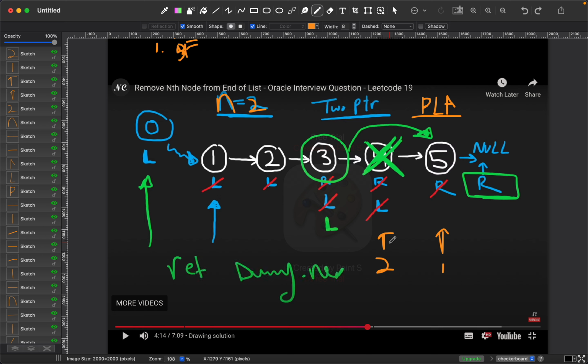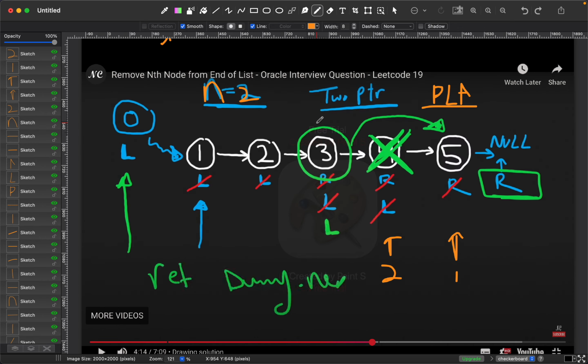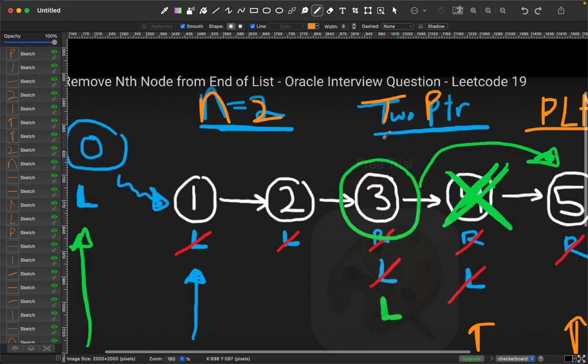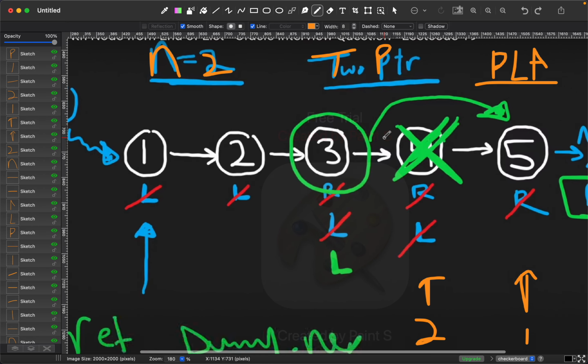So they talk about, very intuitively speaking, the brute force way on how they are going to do it. The first thing they started out saying is let's use 2 pointers.